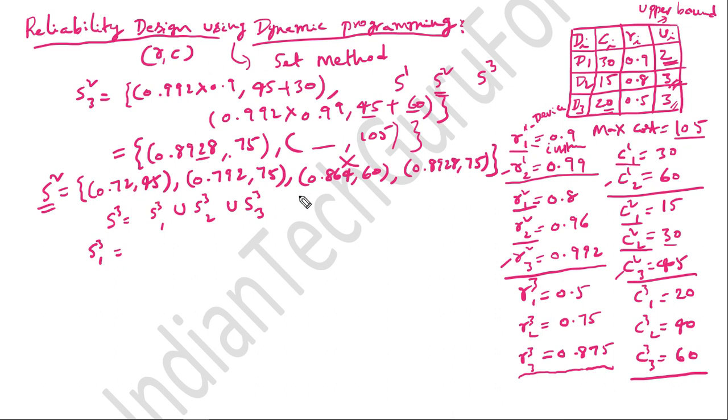So these are in ascending order. And if you consider the cost, 45 is less than 75, but 75 is greater than 60. So what does it mean? This particular tuple is following the dominance rule.